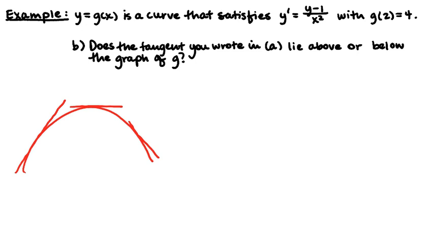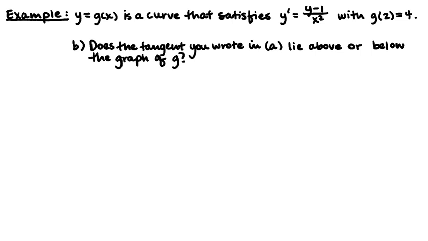Okay, so I don't even recommend you memorize this rule. I think you just need to remember that the concavity is going to determine whether the tangent line lies above or below the curve. Okay, so let's start by just finding the second derivative.